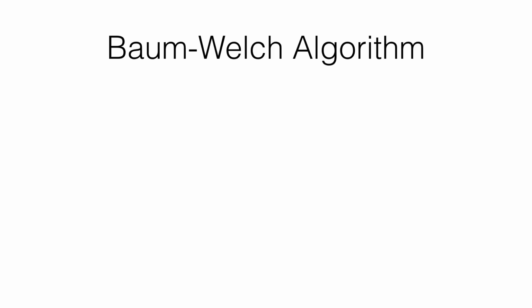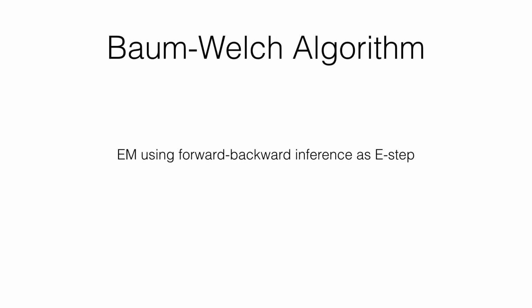So this famous algorithm, Baum-Welch, named after its inventors, is basically just EM using forward-backward inference as the E step. That can basically be the entire description of Baum-Welch. But let me give you some details so we can make this more concrete.